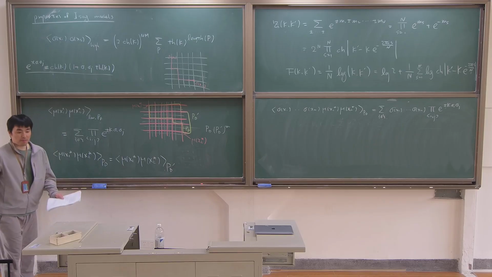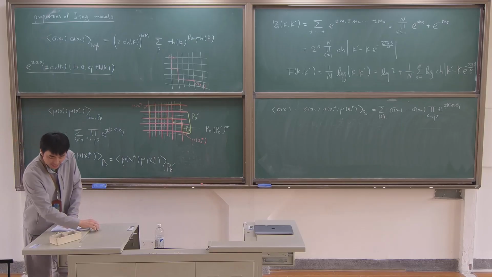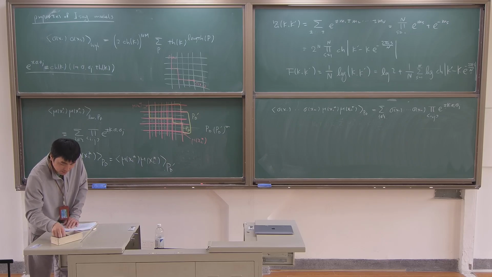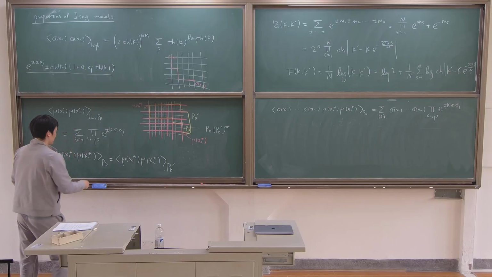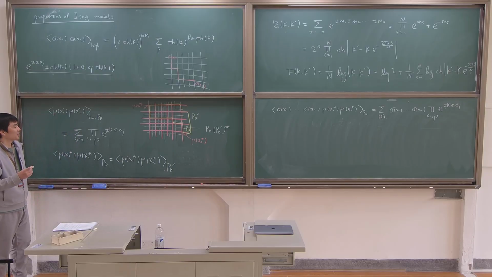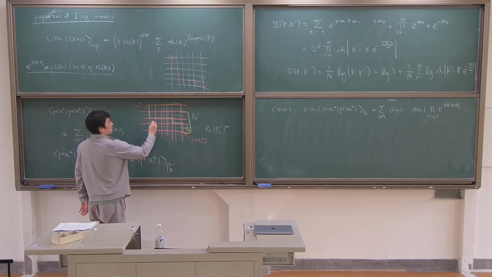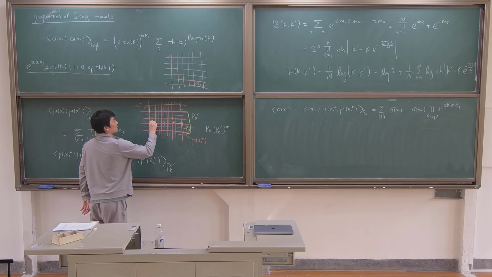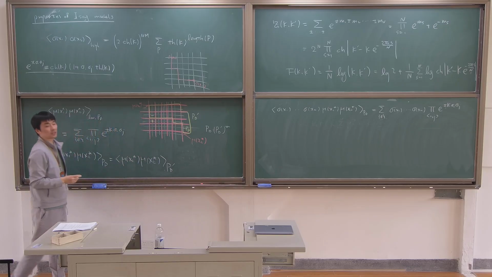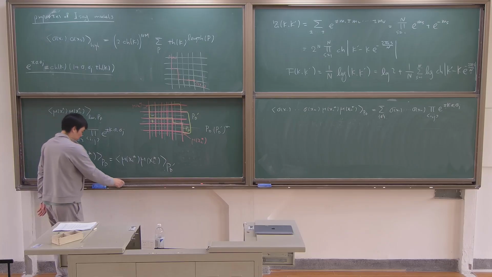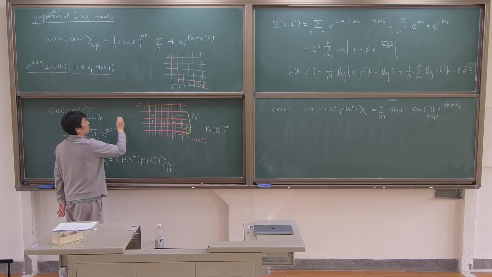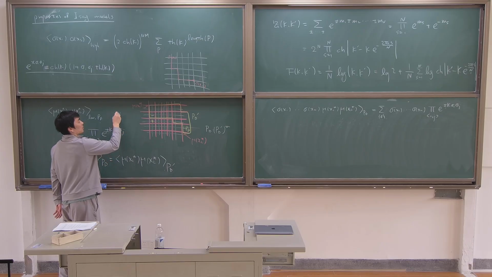Maybe I have to emphasize this one. I think people do not understand. Suppose you have a plus and a minus. Here the Boltzmann weight should be e to the k times plus minus.